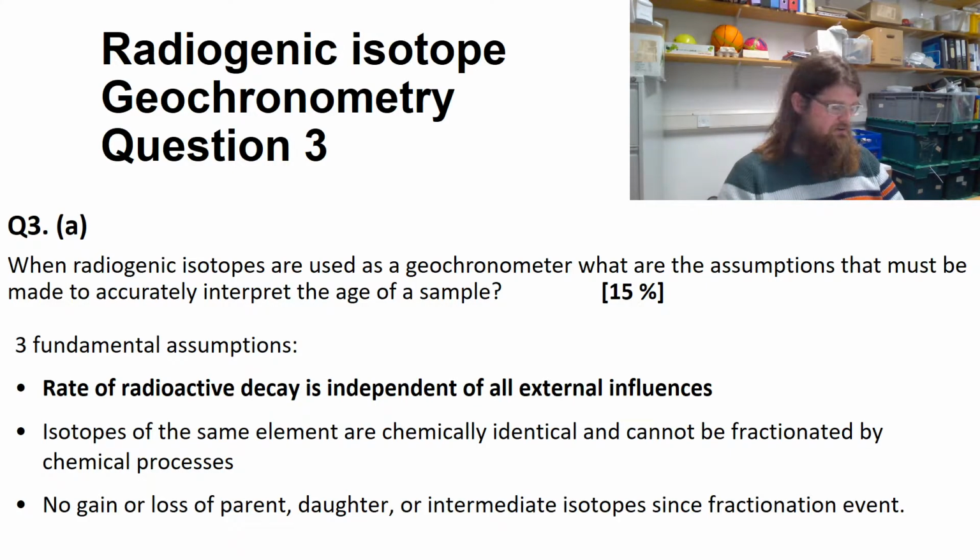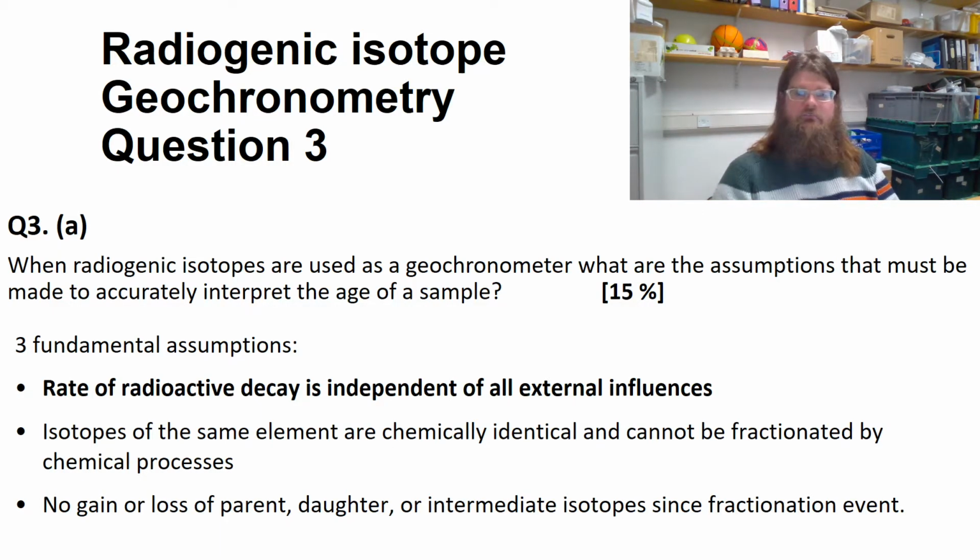And then the last assumption is the one that's most often violated in a pleasant and annoying way for geochronologists, and that's the assumption of a closed system. This is that when your sample is formed, when the clock starts, you don't add or remove any of the parent or daughter isotopes. So you're basically keeping everything in a lockbox and not letting anything in or out except by radioactive decay.